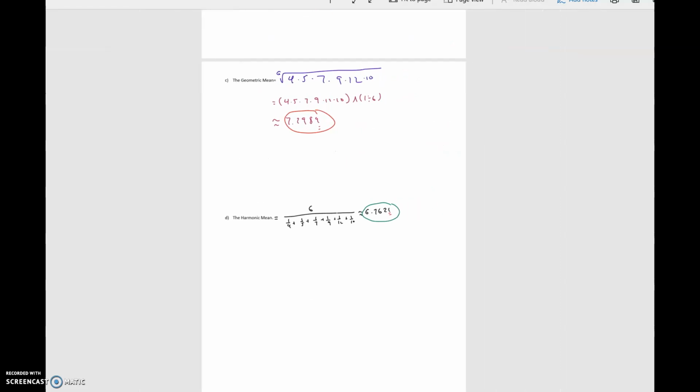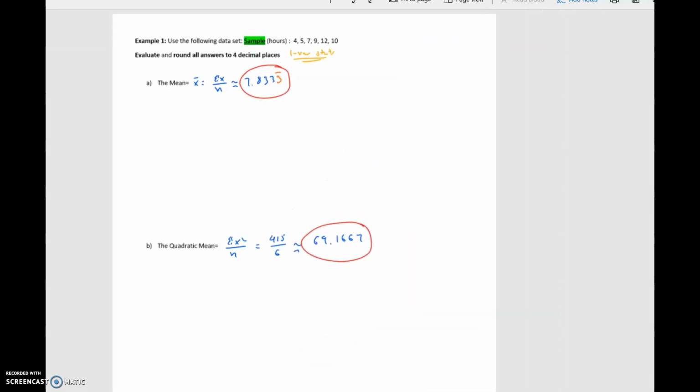Let me just double check that one to make sure that we don't have any typos.